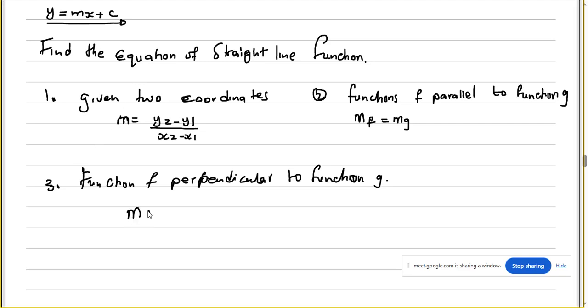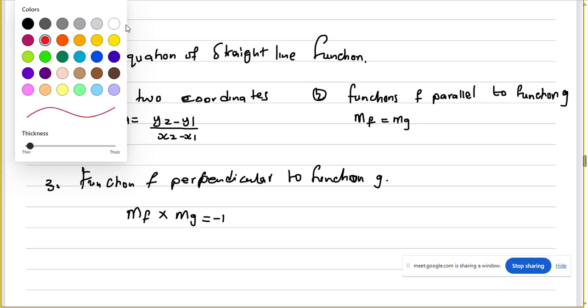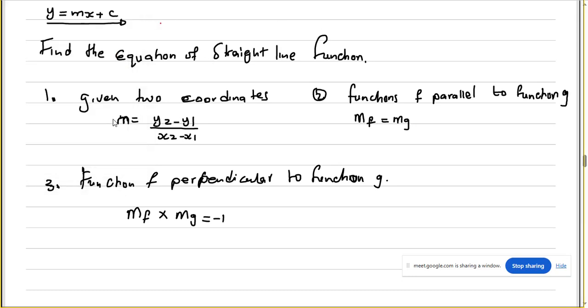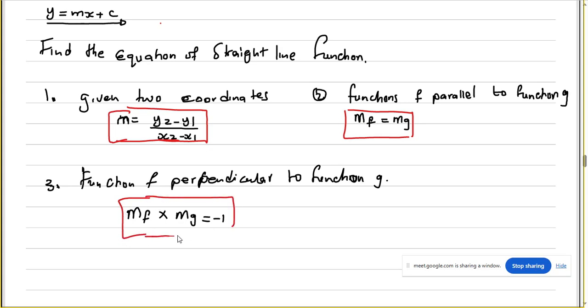So the gradient of the first function multiplied by the gradient of the second function will be -1. This is also some of the important information that you need to master. This is the first one, if you are given 2 points. This is when you are given lines that are parallel. This one is when you are given lines that are perpendicular. Are you still with me? Okay.